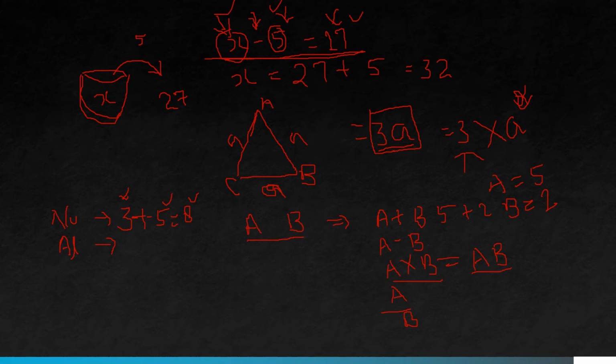Similarly, a minus b, 5 minus 2 equals 3. a into b means 5 into 2 is equal to 10, and a upon b is 5 upon 2. This is how you can place the value in place of the variable, okay.